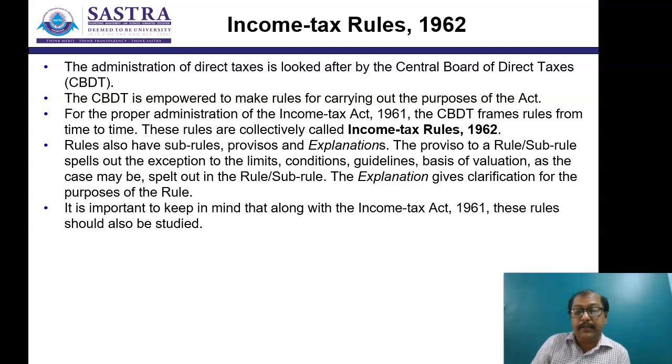So they are the persons who are empowered to make the rules. For the proper administration of the Income Tax Act 1961, the CBDT frames the rules from time to time, and these rules are collectively called the Income Tax Rules 1962.